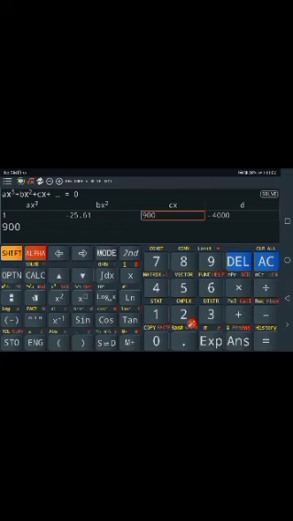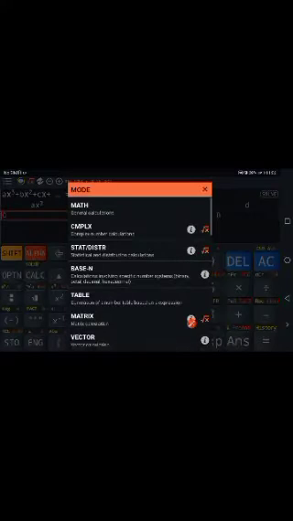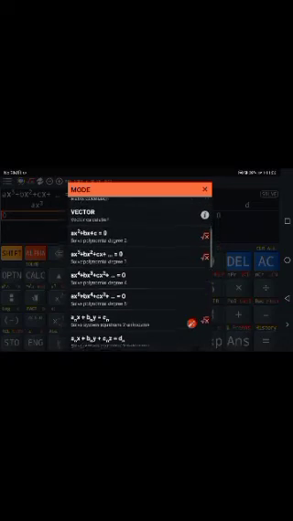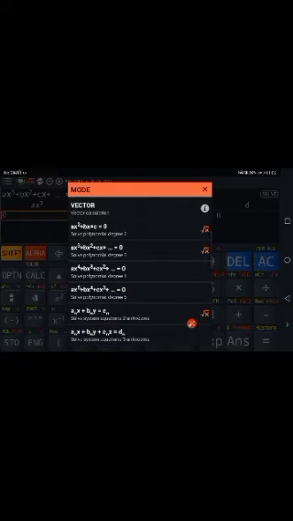What you have to do is go to the mode and scroll down. You'll have ax cube plus bx square plus cx plus d equal to 0.